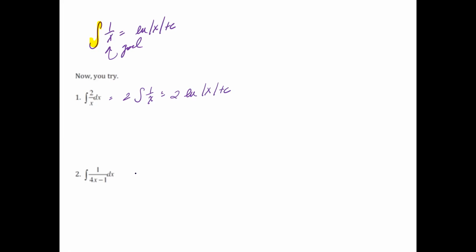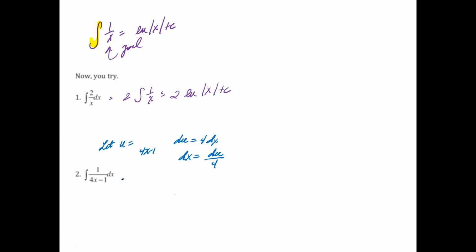So let's take a look at example 2. With example 2, you're going to have to use a u substitution. So let u equal 4x minus 1. Your du is going to be 4 dx, and your dx is equal to du divided by 4.